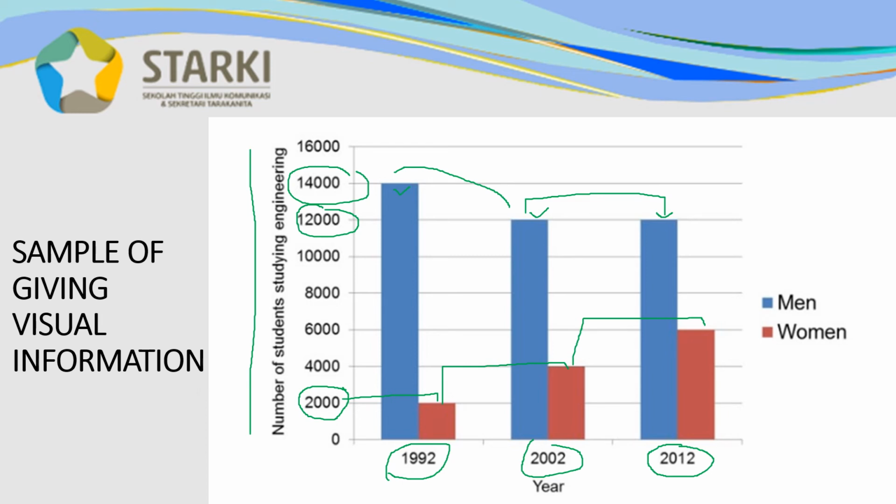This led to a rise in the total number of engineering students, from 16,000, the accumulation of these men and women, to 18,000 in 2012.